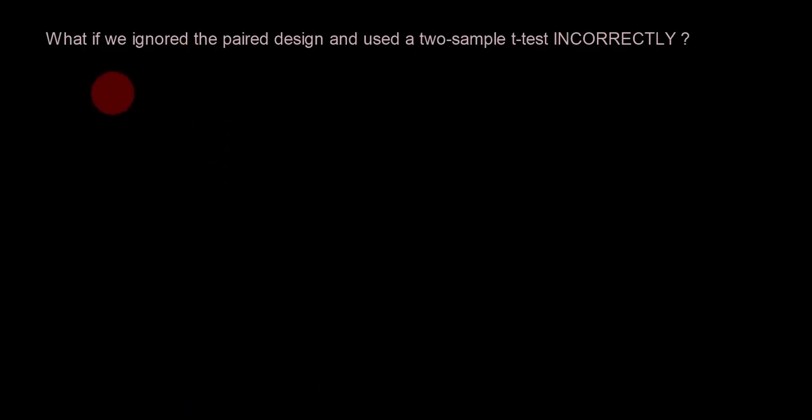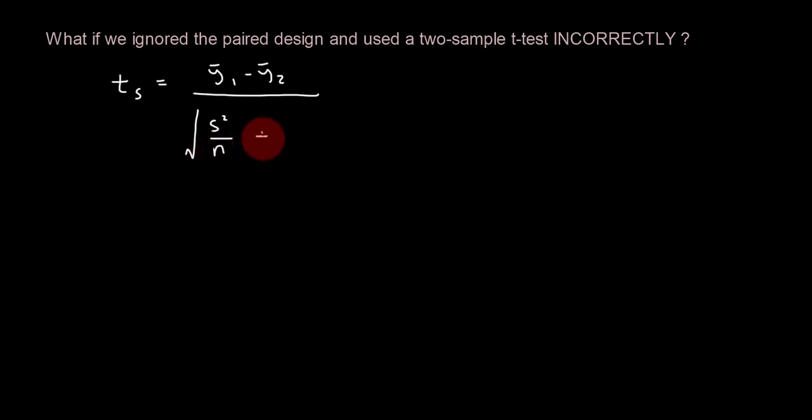So let's run through a two-sample t-test where we would look at the difference in sample means as if they were independent from each other, and the standard error is s squared over n for each of the two samples, again as if they were independent, and it's those quantities summed under the square root.